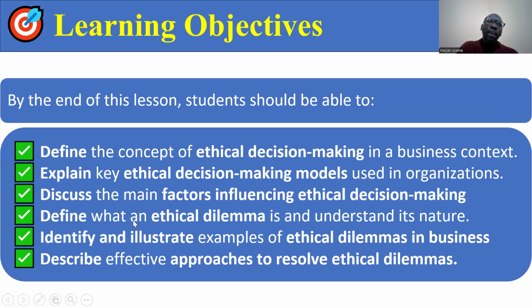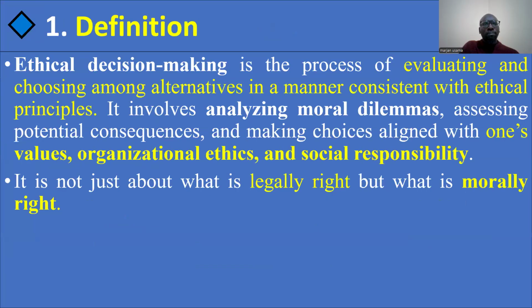Four, define what an ethical dilemma is and understand its nature. Number five, identify and illustrate examples of ethical dilemmas in business. Then lastly, describe effective approaches to resolve ethical dilemmas. So in a nutshell, these are the objectives of our lesson today. So let us start our lesson.